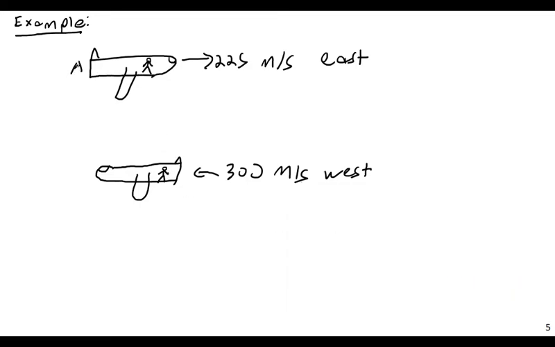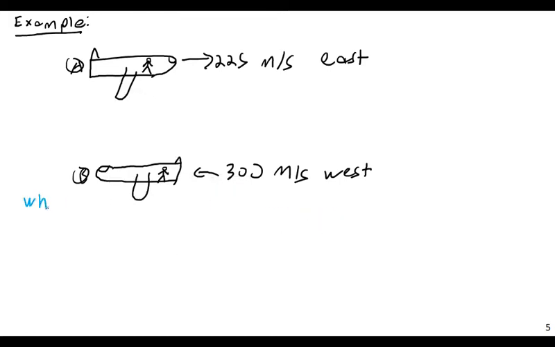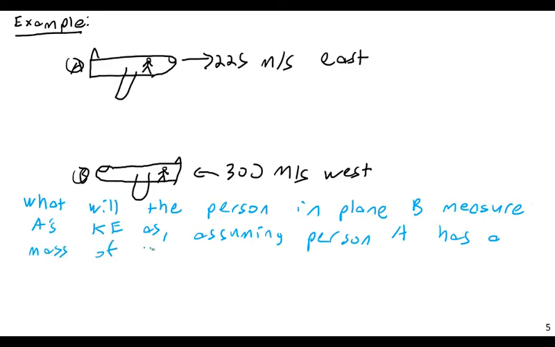Let's call this plane A and plane B. What will the person in plane B measure A's kinetic energy as, assuming person A has a mass of 40 kilograms?